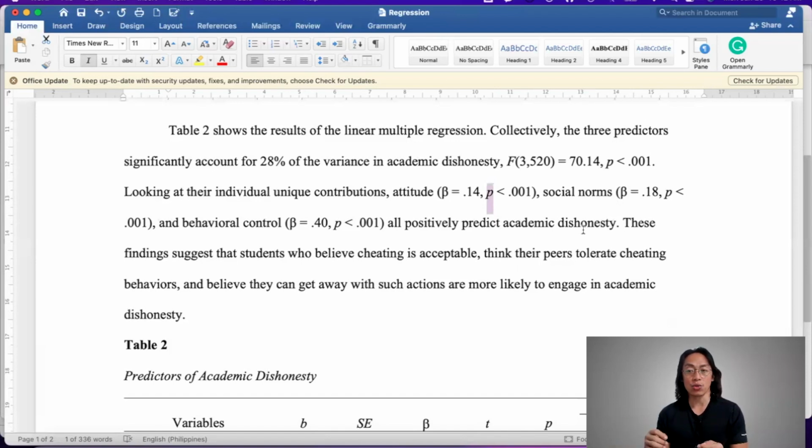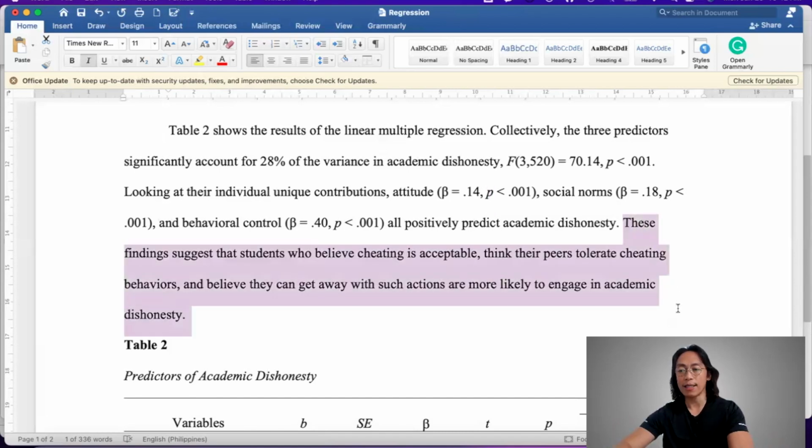However, attitude does not predict academic dishonesty. The manner in which you report these things is contingent on the actual results in your table. If nothing is significant, then you also have to report that.